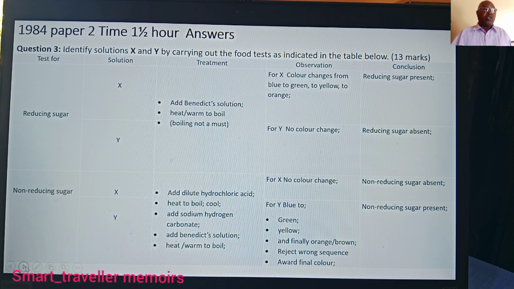Boiling is not a must; you can just warm. For X, color changes from blue to green to yellow to orange, reducing sugar present. For Y, no color change, reducing sugar absent.